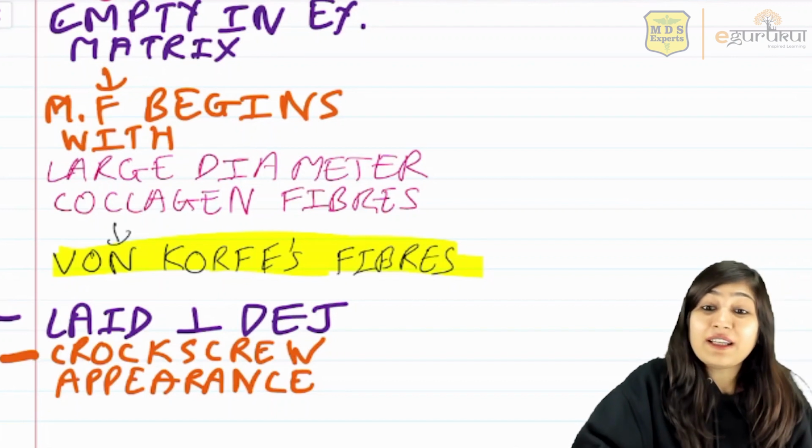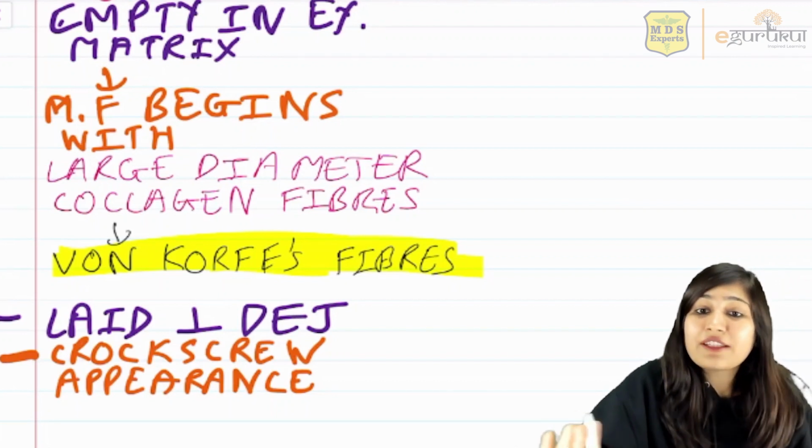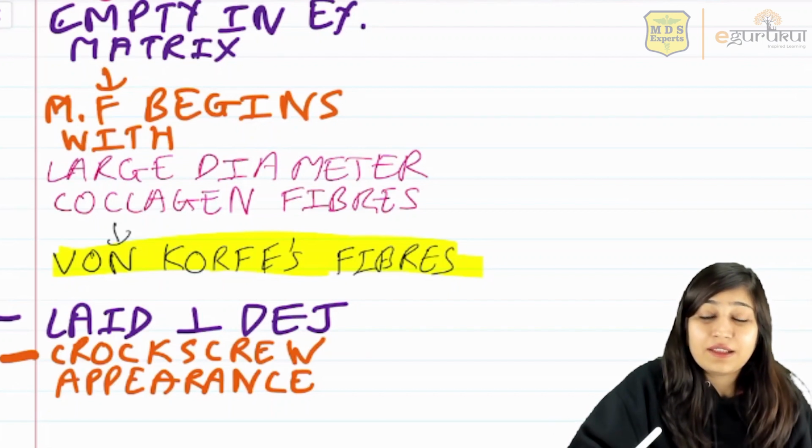So the first formed dentin is known as what? The first mineralized dentin will be mantle dentin. It is less mineralized than circumpulpal dentin.